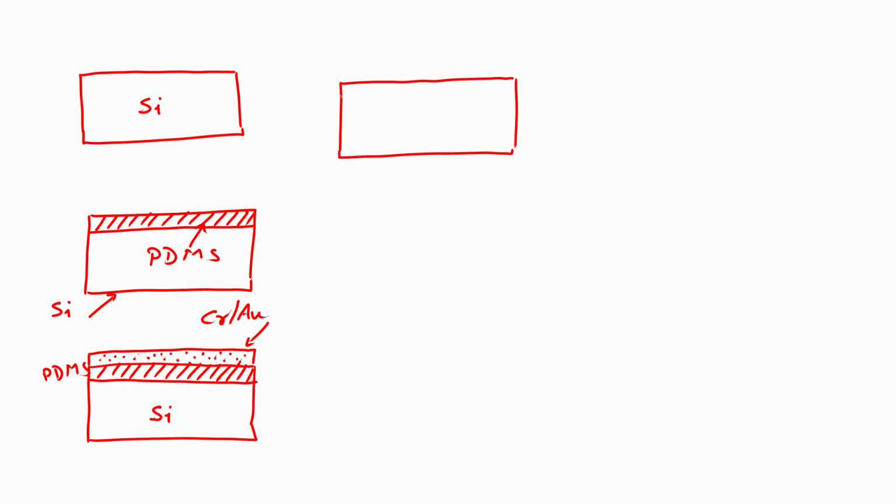So, for patterning what we will do? Photolithography, we will perform photolithography, and to perform photolithography we have to first spin coat photoresist.